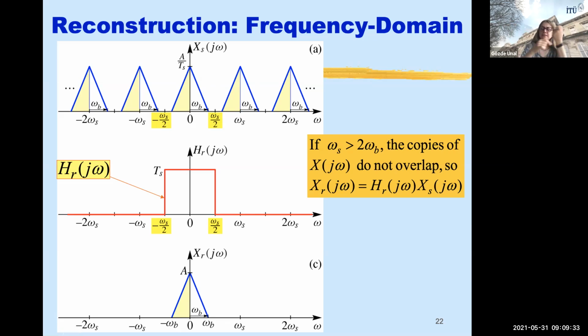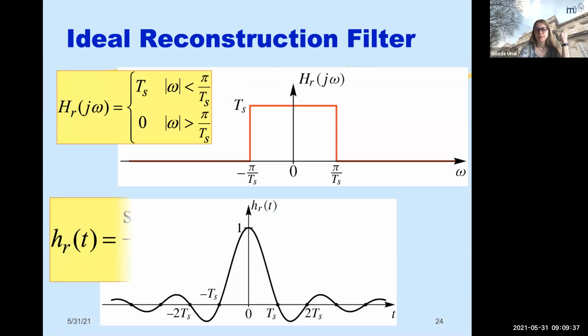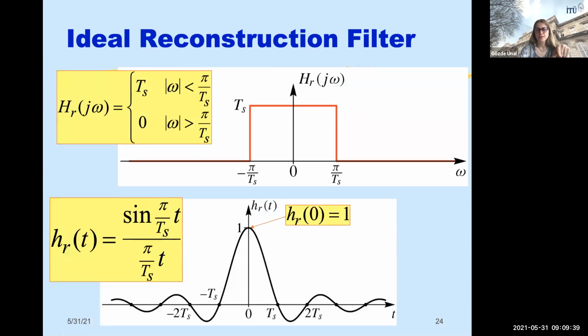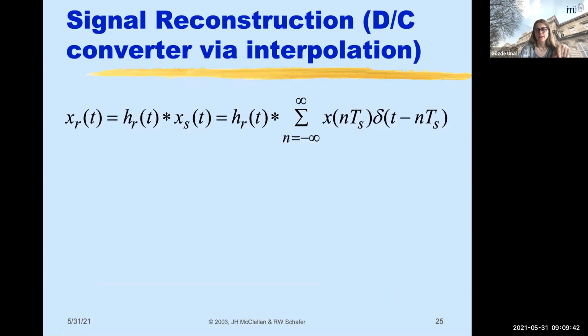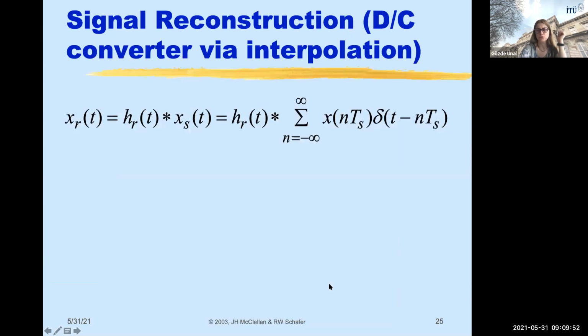It was very easy. Now, in the time domain, let's analyze this. You see, it has a maximum value at the center lobe, and it actually has zeros at the multiples of the sampling period, Ts, 2Ts. So now the discrete to continuous converter in time domain does an interpolation actually.